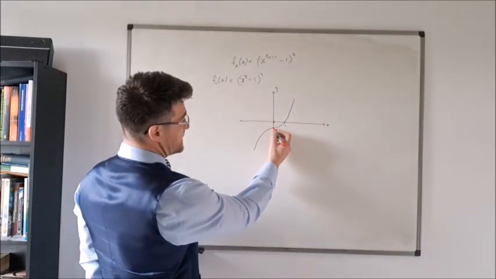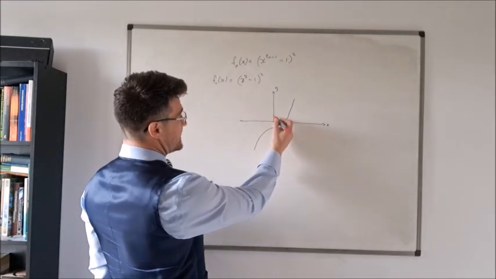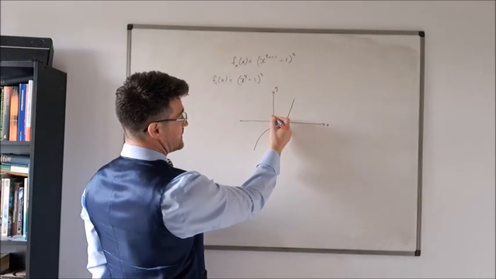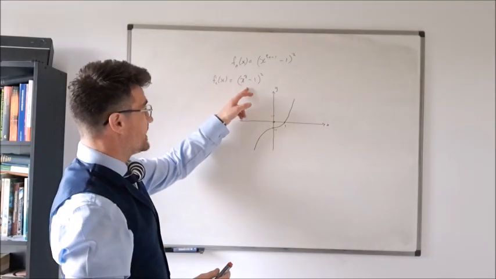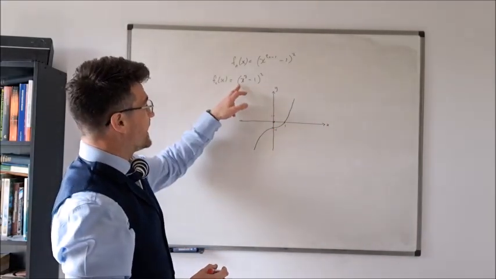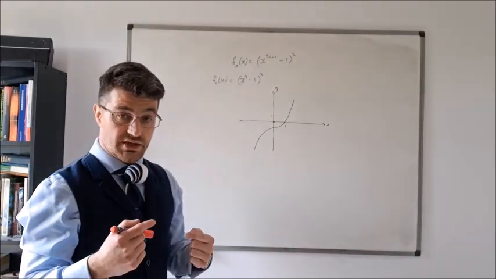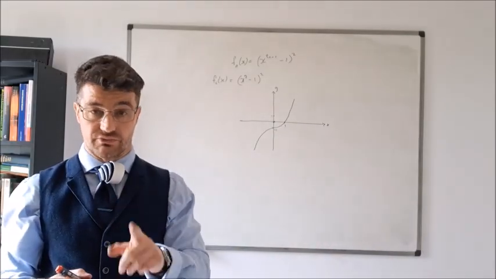So here, because x cubed minus 1 goes through the y-axis at minus 1, (x cubed minus 1) squared is going to go through the y-axis at 1 here. Because the graph of x cubed minus 1 goes through the x-axis at 1, (x cubed minus 1) squared is also going to touch the x-axis at 1, but I'm going to get a repeated root.